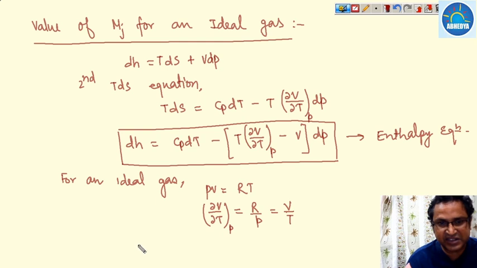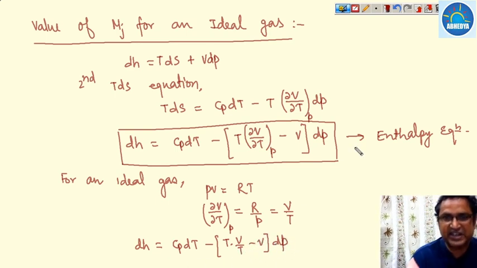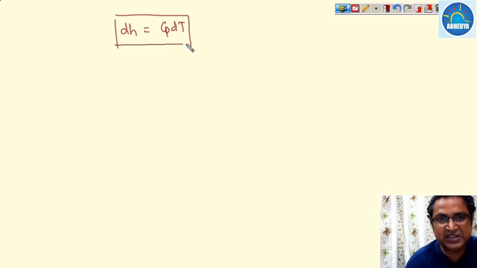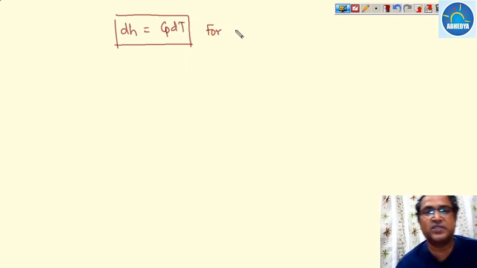Now putting this value of del V over del T at constant pressure in the above equation, dH is equal to Cp dT minus T times V by T minus V dP. So dH becomes Cp dT. For any ideal gas, enthalpy is a function of temperature itself.